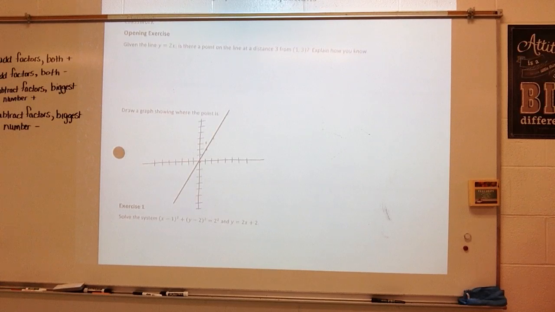Well, in the last lesson we talked about circles and lines and where they can intersect, and could they intersect, do they have to intersect? So let's think about this for a second. If I draw a circle, let's say that I want to draw a circle with (1, 3) being a point on that circle.